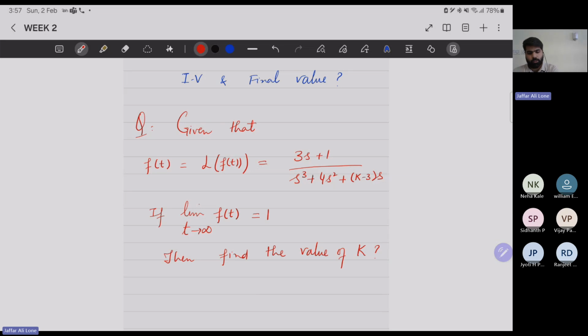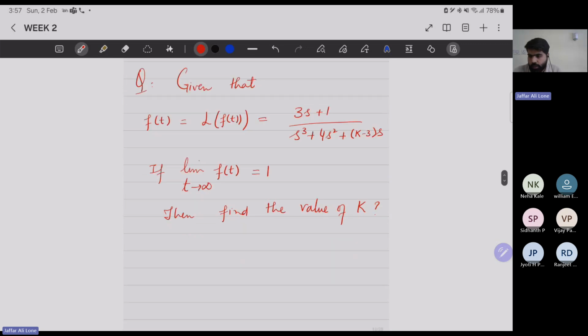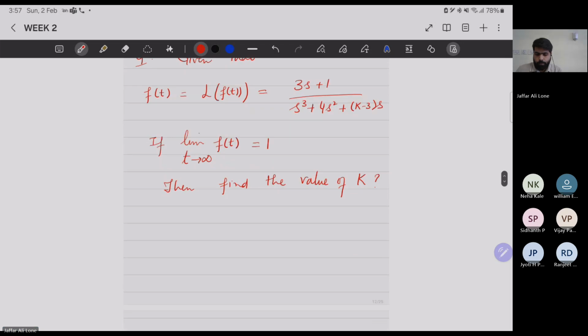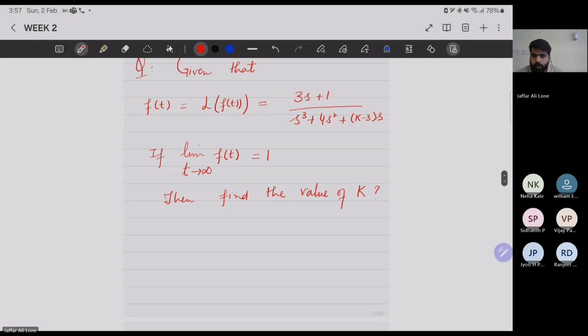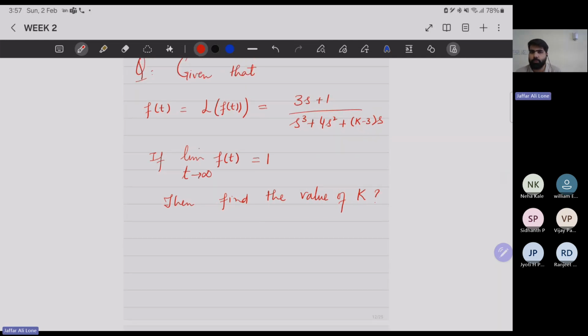This is a very interesting question. So if you have understood the concept of initial value and the final value theorem, then you should be able to solve it in just a minute. You should be able to identify what is given and what is to be found, and then accordingly proceed. F of t is given.